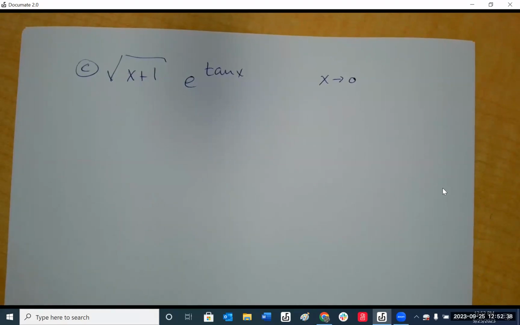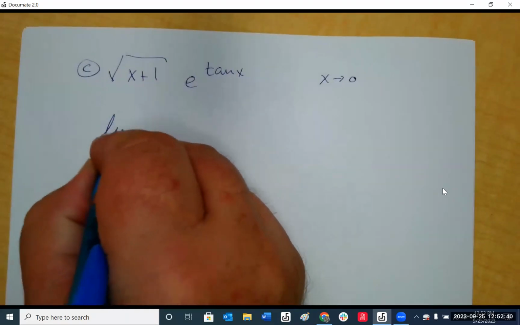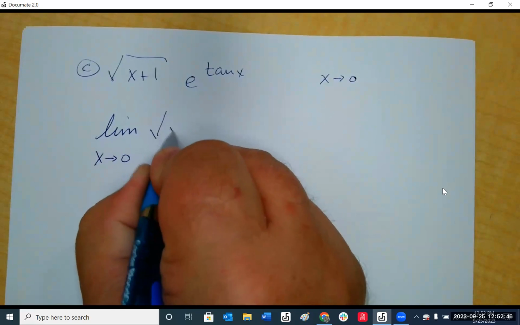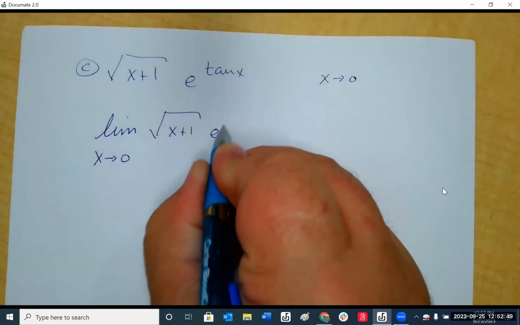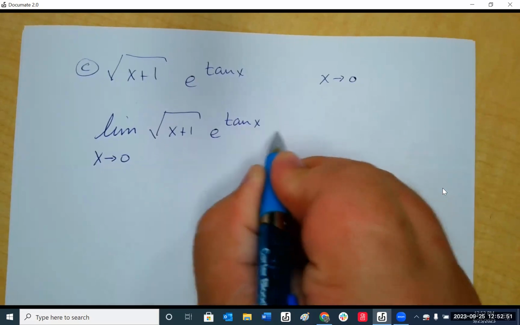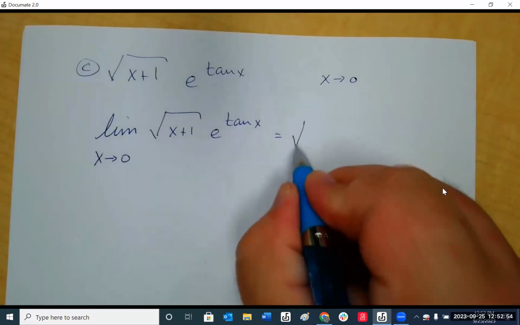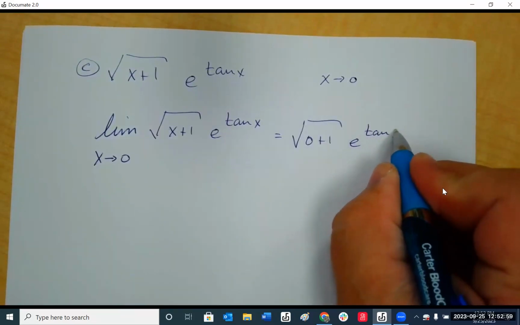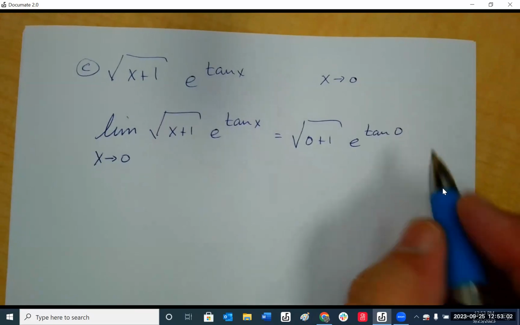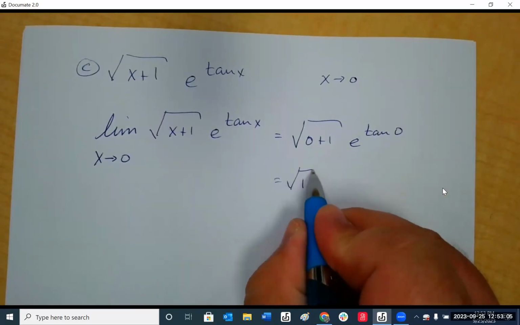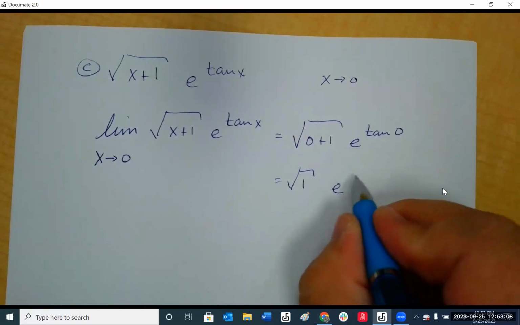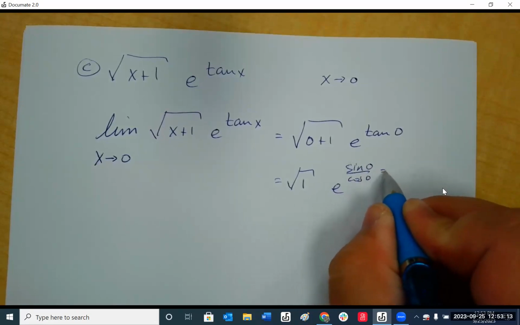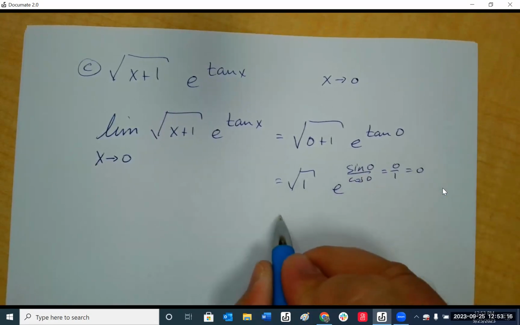Well, if you plug in 0 for x, tangent 0 is sine of 0 over cosine of 0, which is 0 over 1, which is 0.